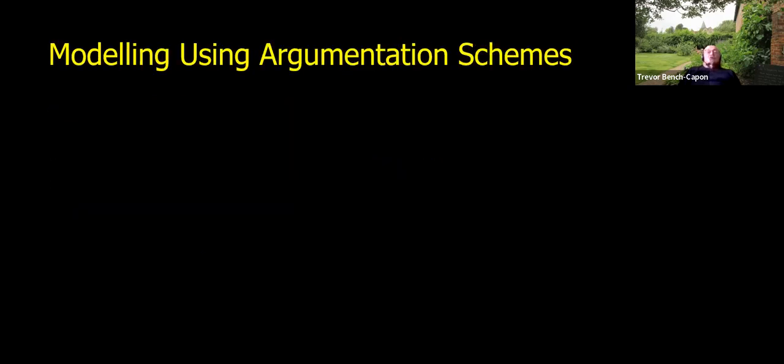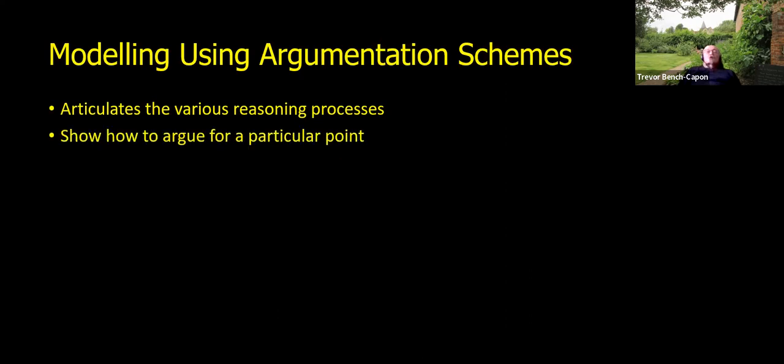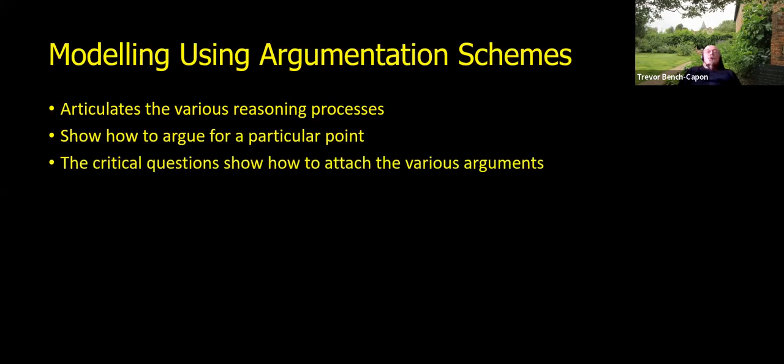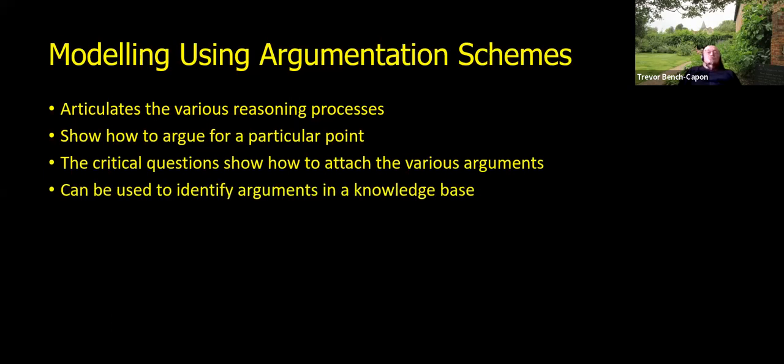Modeling using argumentation schemes, which I've done here, helps articulate the various reasoning processes used at the various stages, shows how to argue for a particular point in the argument, and the critical questions show how to attack the various arguments.